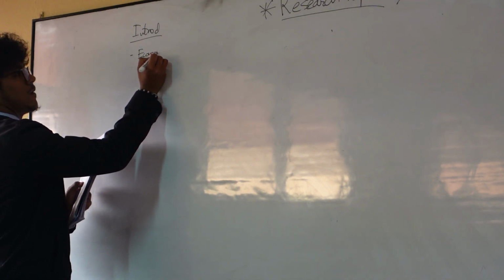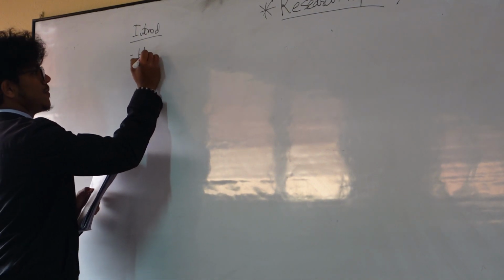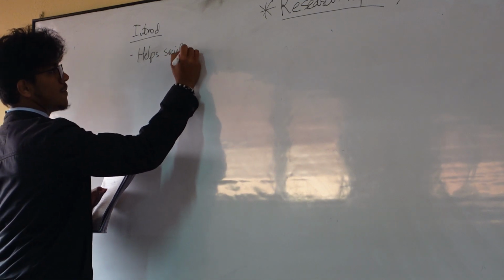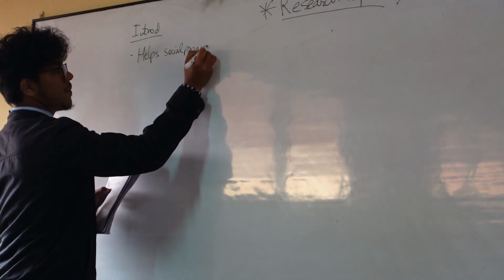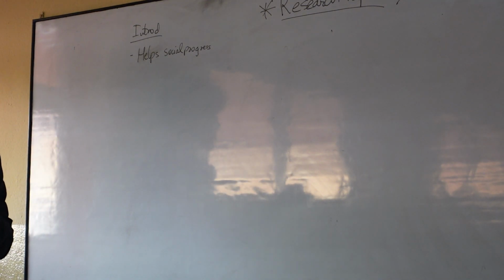Okay, just write helps social progress. Helps social progress. And now we know that women's entrepreneurship contributes to social progress. Try to write one word, two word points. Go on, read again.